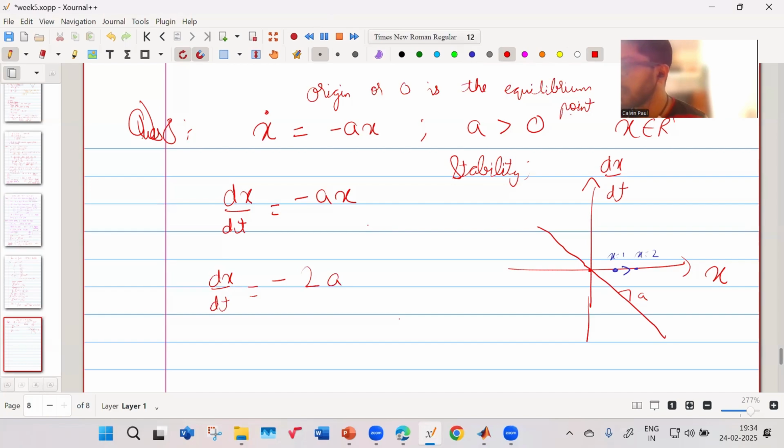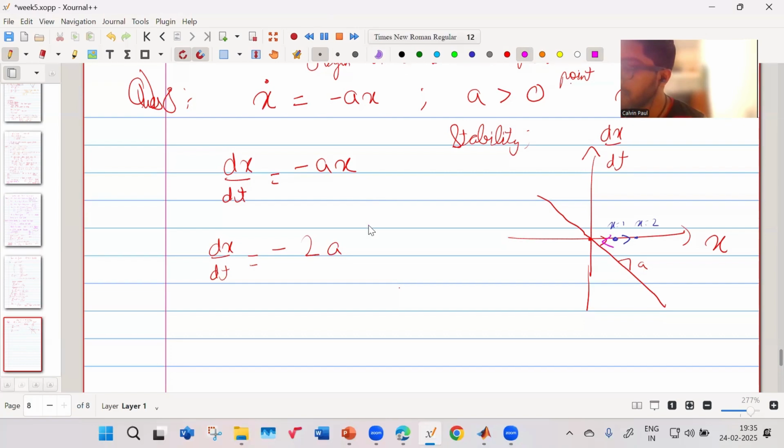As my x is trying to increase, my derivative is becoming negative. So as the x is trying to go away from the origin, since the derivative is negative, it will bring it back to the origin. So that way we can say that the system is stable.